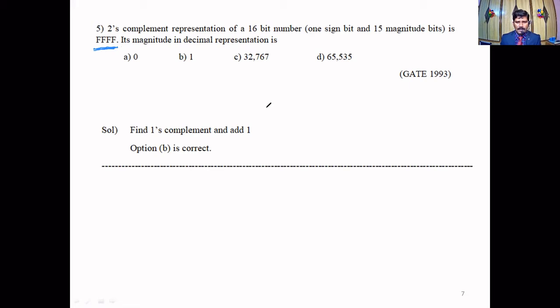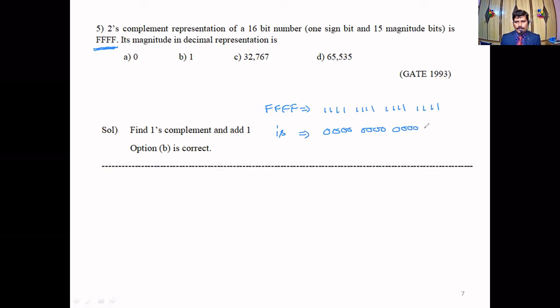So F is 1111, and FFFF is all sixteen 1s. So what is the 1's complement of this? Make it all zeros: 0000000000000000. What is the 2's complement? Just add 1.